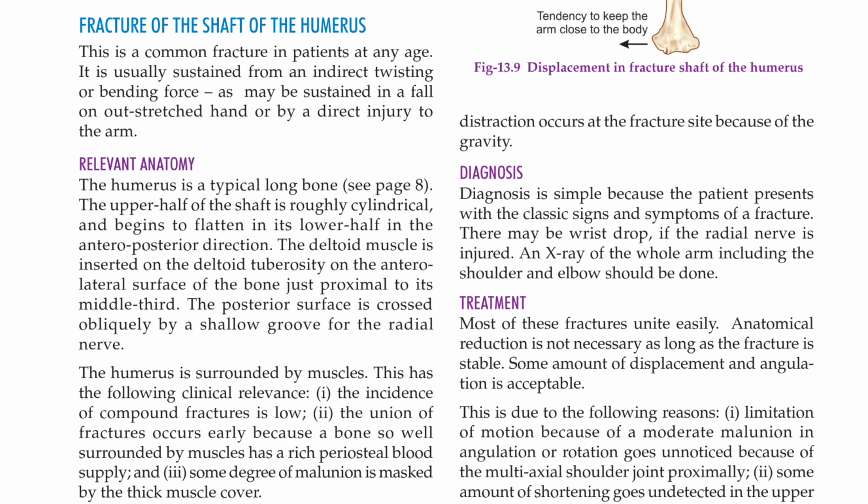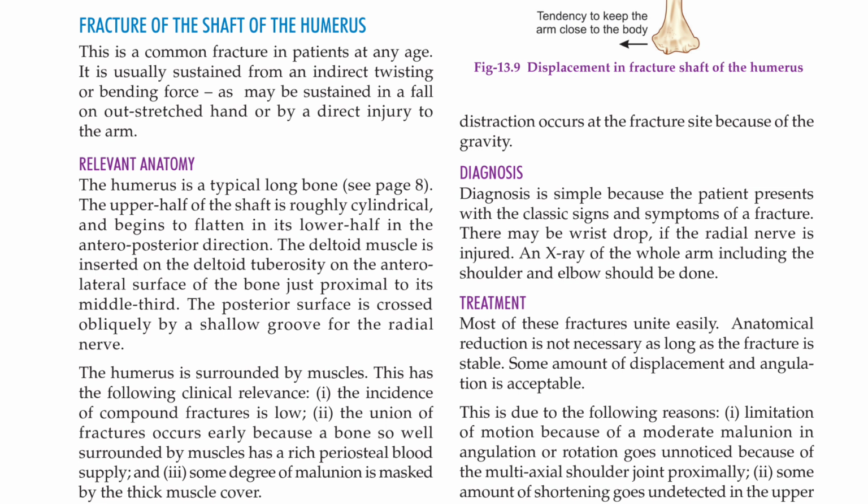So relevant anatomy क्या हो सकता है? The humerus is a typical long bone. Upper half of shaft is roughly cylindrical and begins to flatten in its lower half. चौपटा होना.